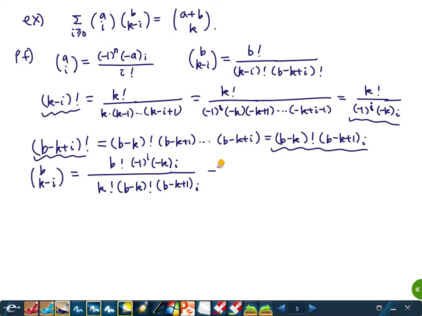Okay? Now if you look at this part, they are constant with respect to the summation index i. This is just a b choose k. So the left hand side here, actually this is just for this.